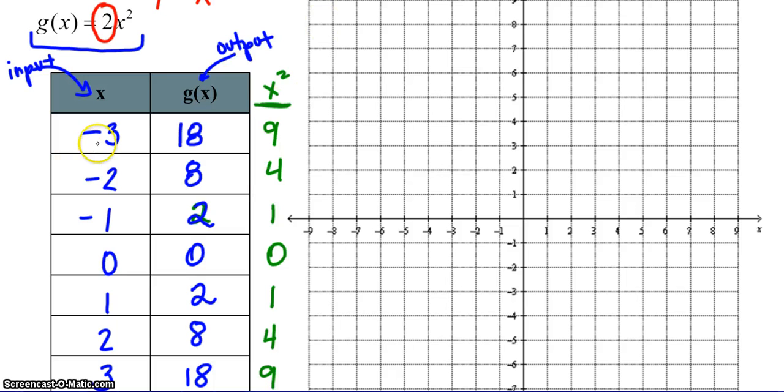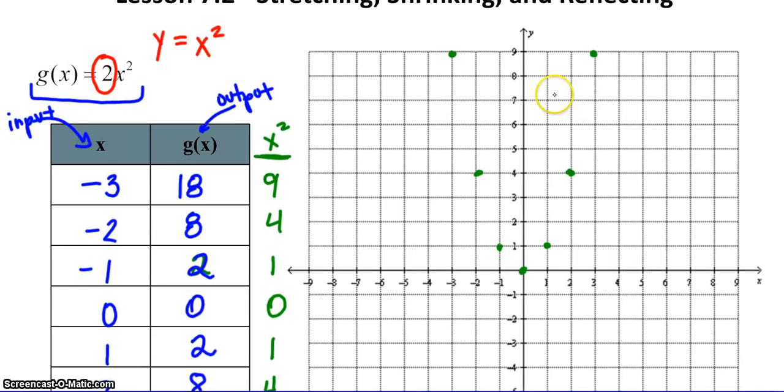What I'd like to do is plot the parent function of y equals x squared. And again, you should be able to do this fairly quickly. When we put in these values for x, -3, -2, -1, 0, 1, 2, and 3, we get the outputs that I plotted. I'm going to try this again because that is just not going to be good enough.